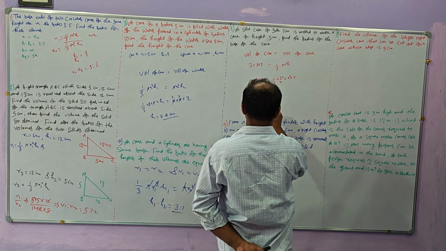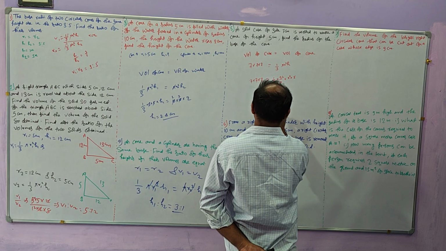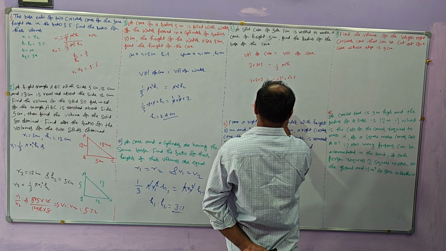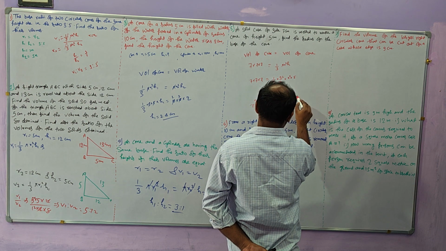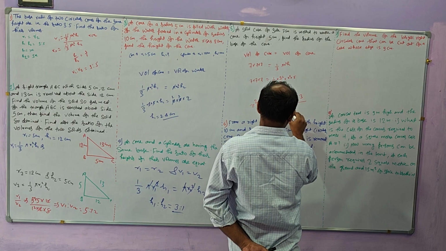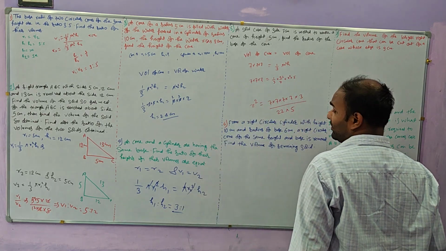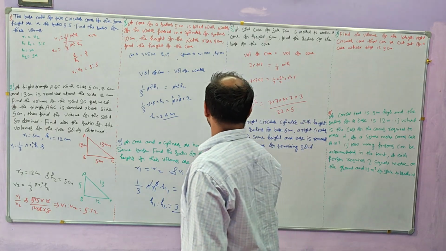So we can easily say that R square is equal to 7 into 7 into 7 into 7 into 3 upon 22 upon 4. When we find this out, we get the radius of the cone.